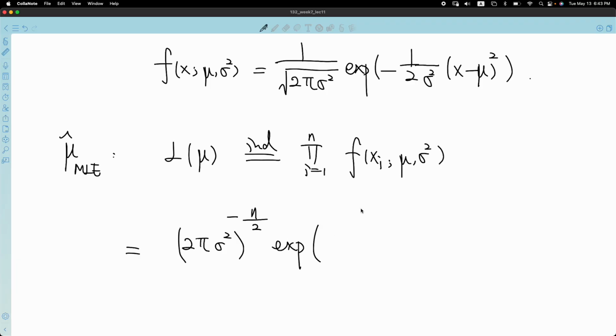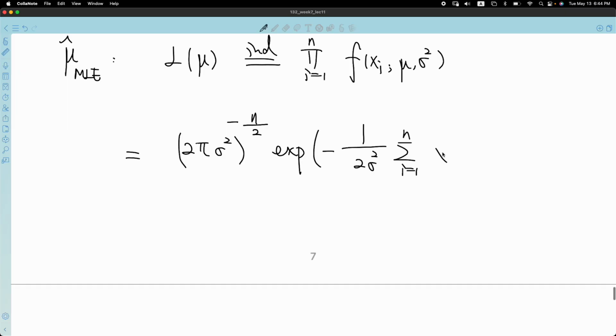Exponential negative 1 over 2 sigma square, and then here is also the summation from 1 to n of (xi minus mu) squared.